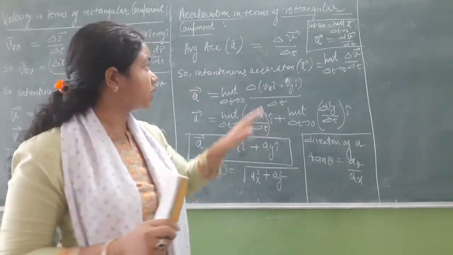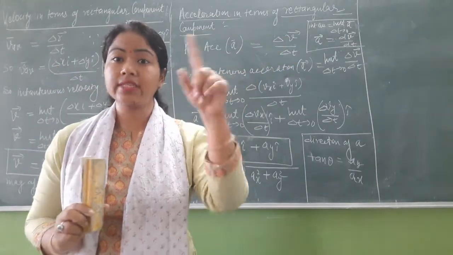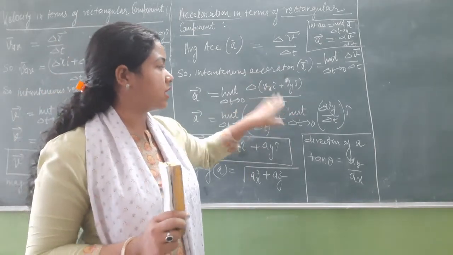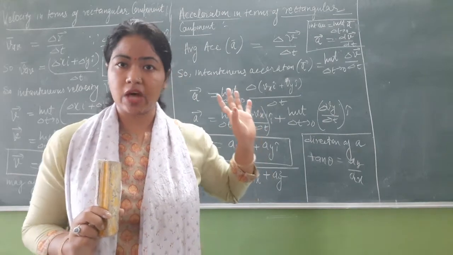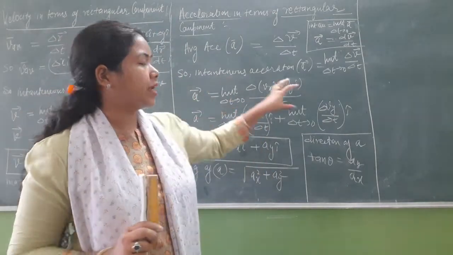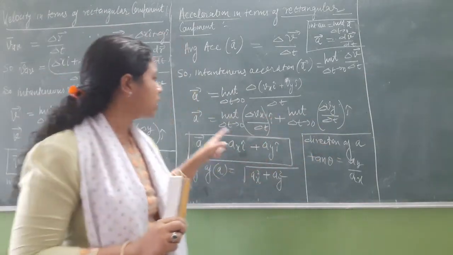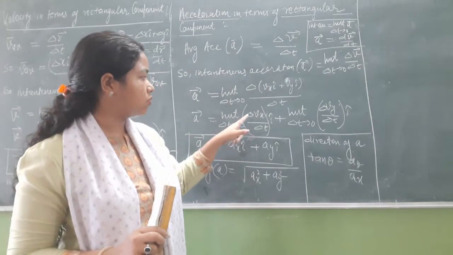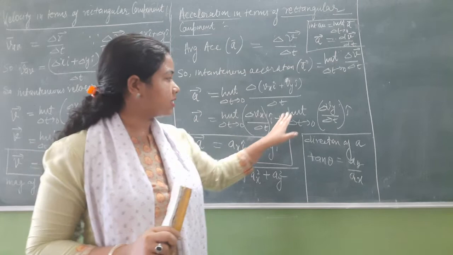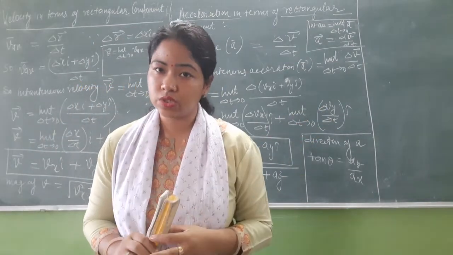V can be written as vxi plus vyj, so we place that here, vxi plus vyj upon delta t. The limit is split across each term: limit delta t tends to 0, delta vx upon delta t into i, plus limit delta t tends to 0, delta vy upon delta t into j.